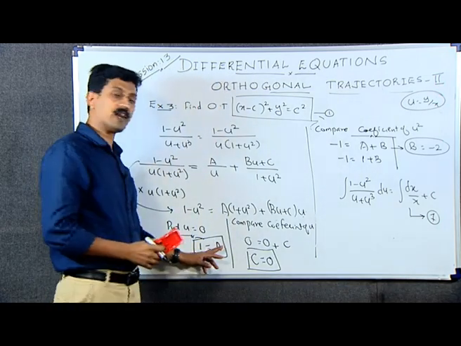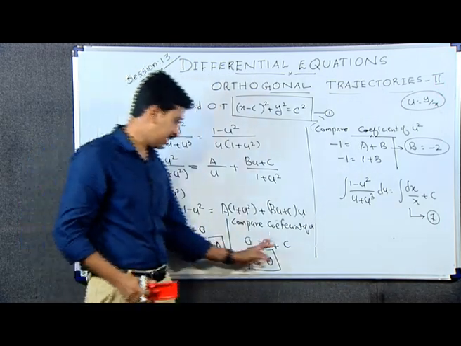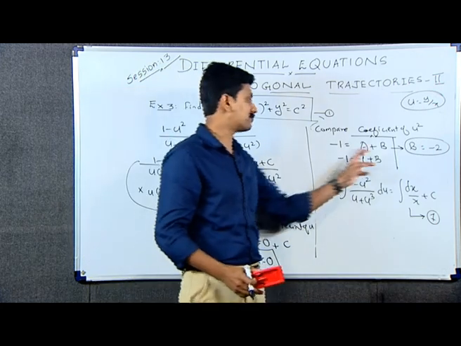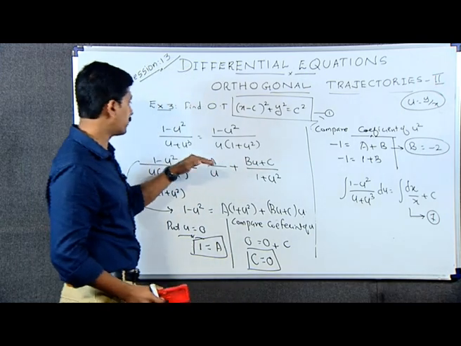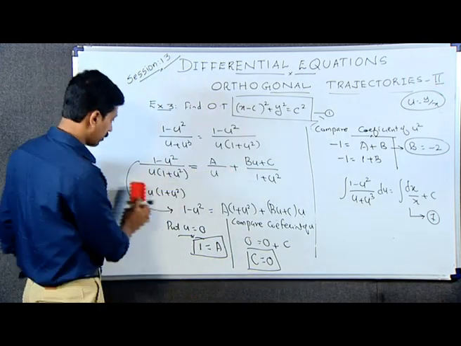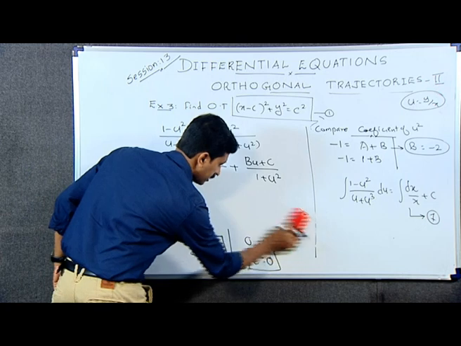So, we found the value of a as 1, c as 0 and b as minus 2. Now we can replace these values here.